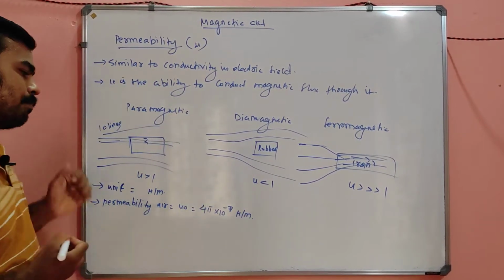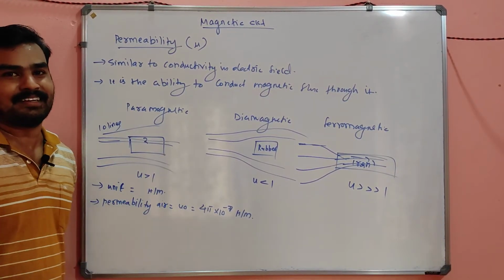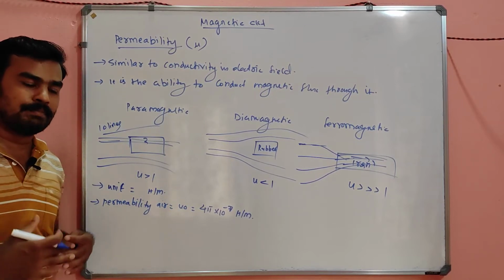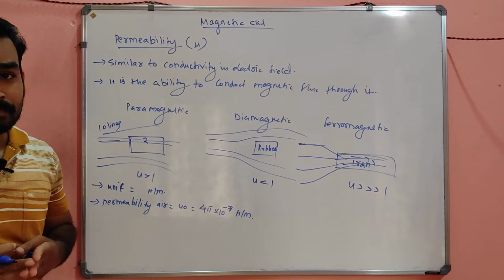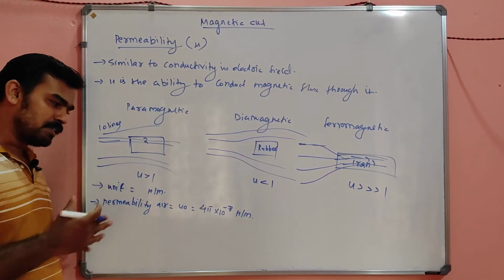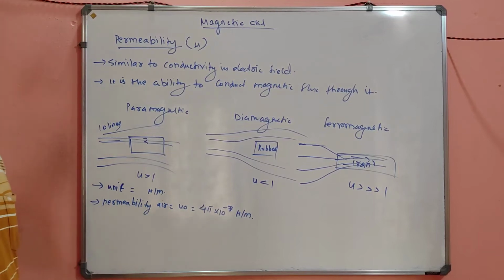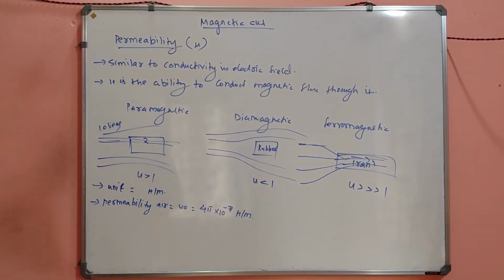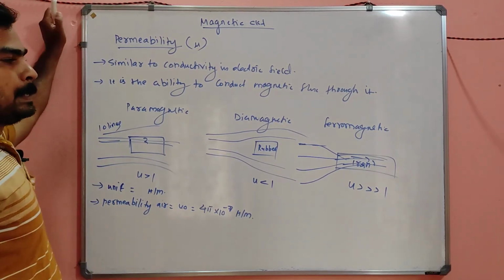This also you have to remember, because air, even though it is a poor conductor of electricity, is a very good conductor of magnetic lines. So it also has a certain permeability, and that is 4 pi into 10 raised to minus 7 Henry per meter. Is it clear?